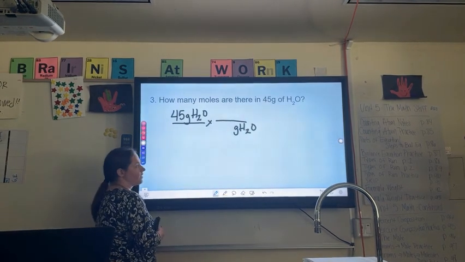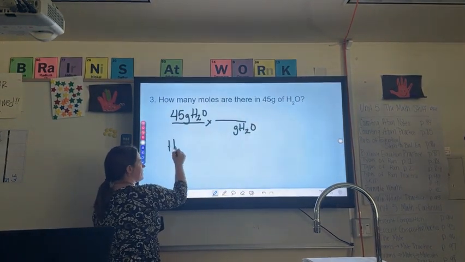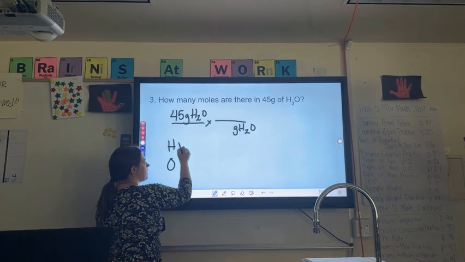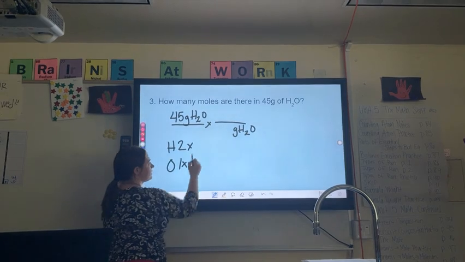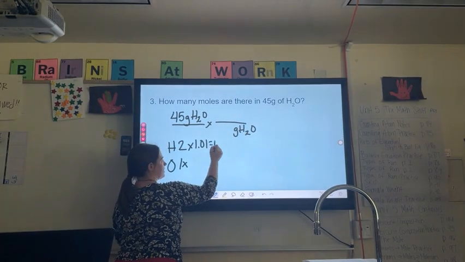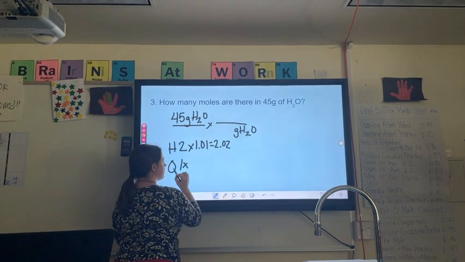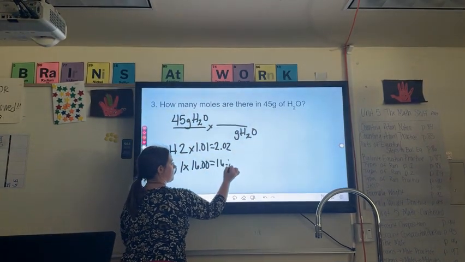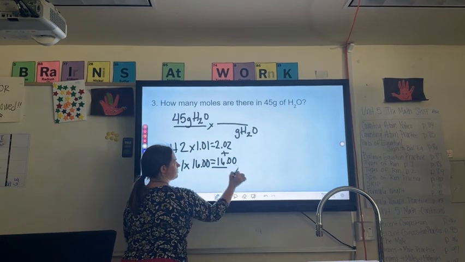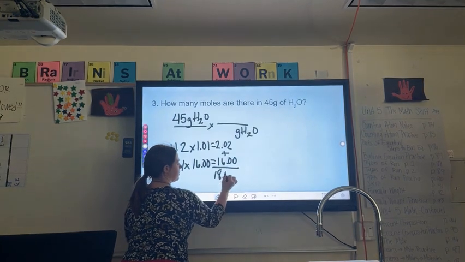Now, since it's more than one element, you do need to find the formula weight. We have H and O. We have 2 hydrogens and 1 oxygen. The mass of hydrogen is 1.01 on the periodic table. The mass of oxygen is 16 on the periodic table. So 2.02 plus 16 is 18.02 grams.